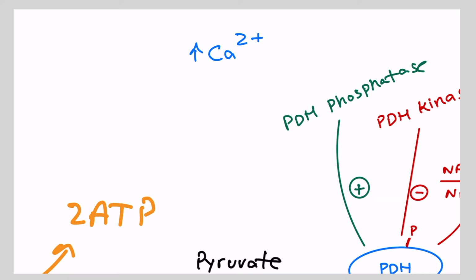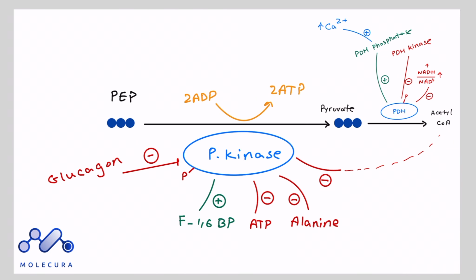And this calcium is going to come and is going to increase the activity of our PDH phosphatase. So the PDH phosphatase action is going to be also modulated by intracellular calcium, because when we are exercising intensely, muscle is contracting, calcium is getting released. This calcium is going to come and is going to activate PDH phosphatase.